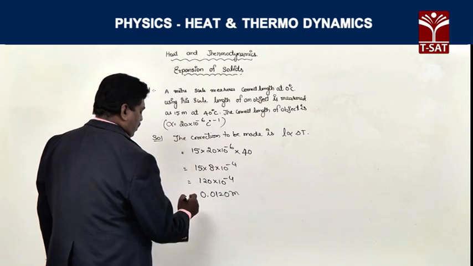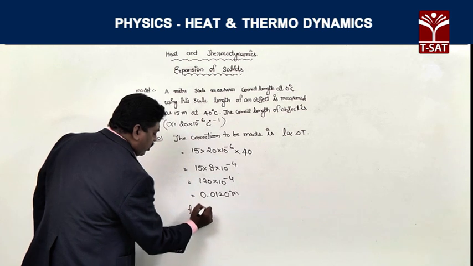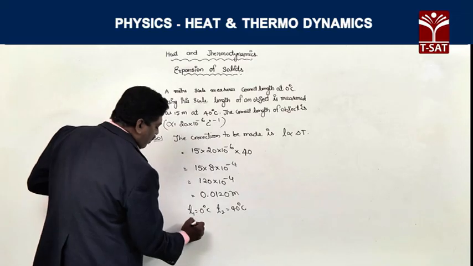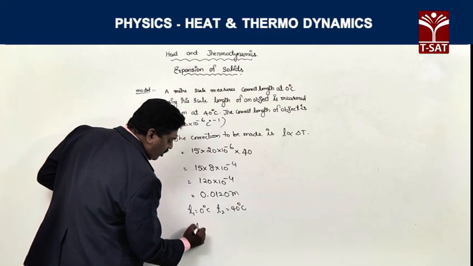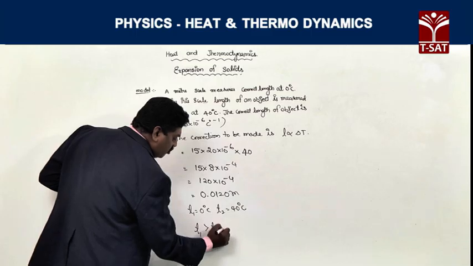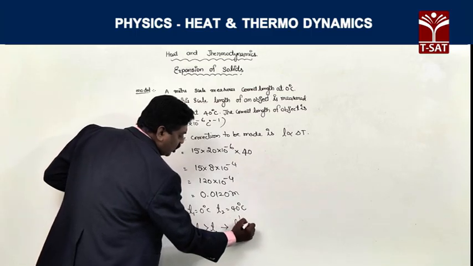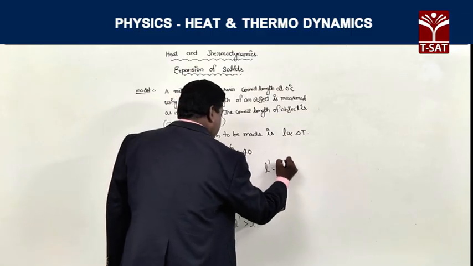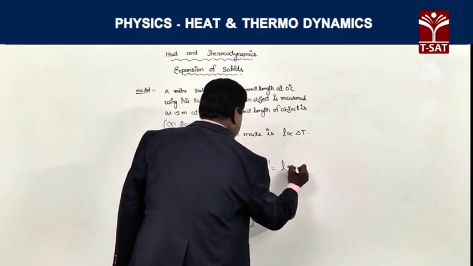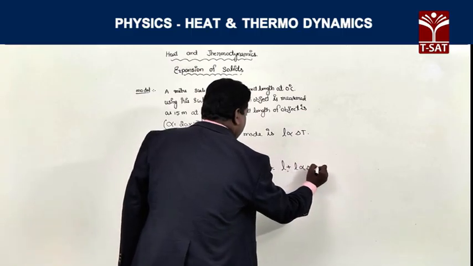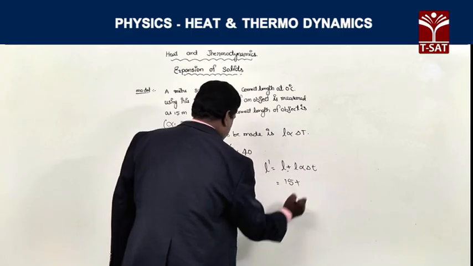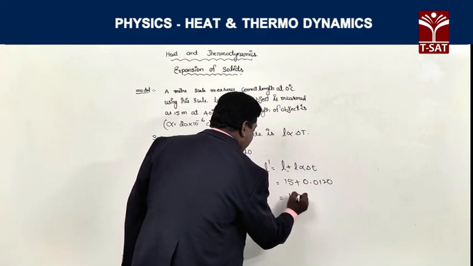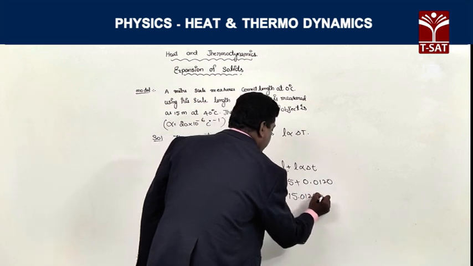Now, initial temperature T1 is 0 degrees Celsius and final temperature is 40 degrees Celsius. So here T2 is greater than T1, which implies L dash is greater than L. So L dash equals L plus L alpha delta T, which is 15 plus 0.0120. We get the result as 15.0120 meters.